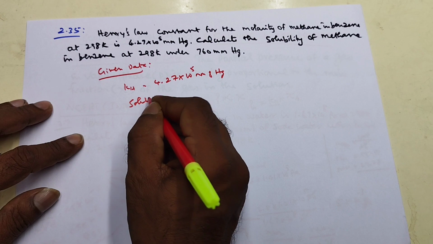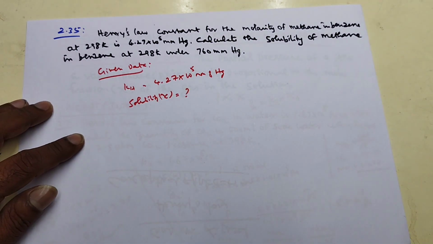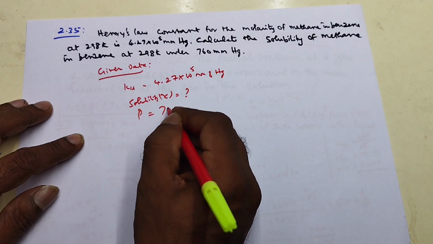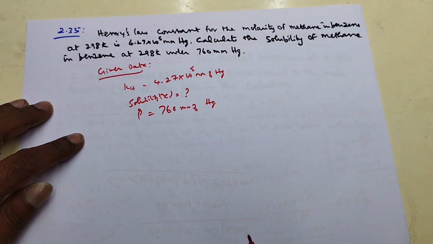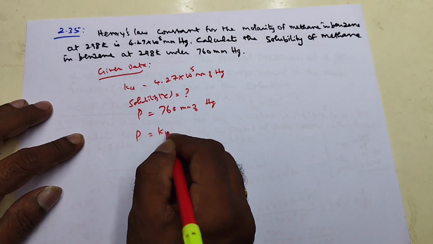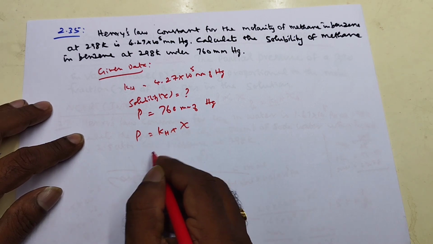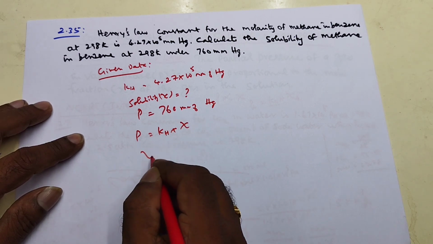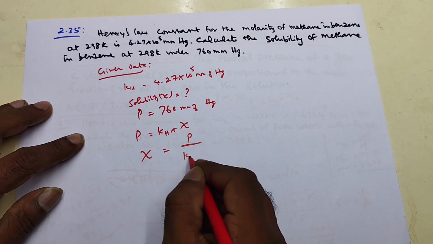Solubility is asked. The pressure is given as 760 mm of mercury. So you have to use the formula P is equal to Kh into chi. Here these two are given, so chi is equal to P by Kh.